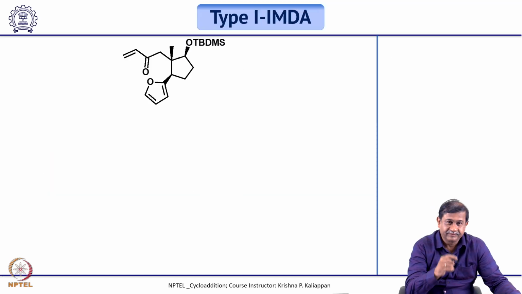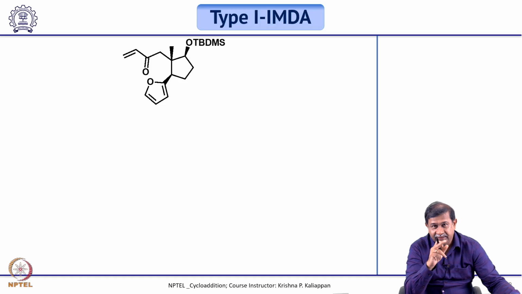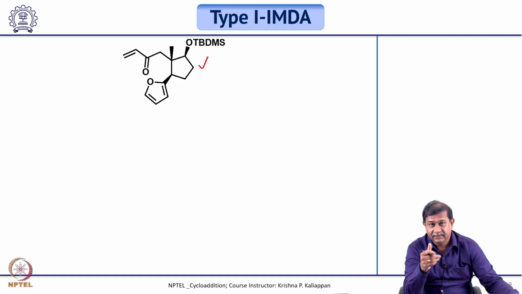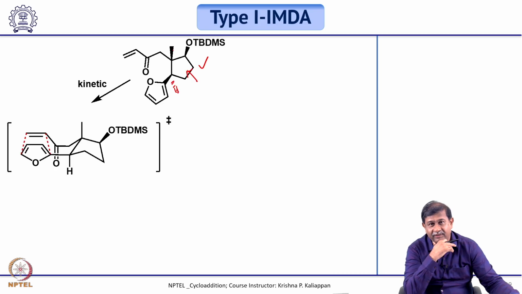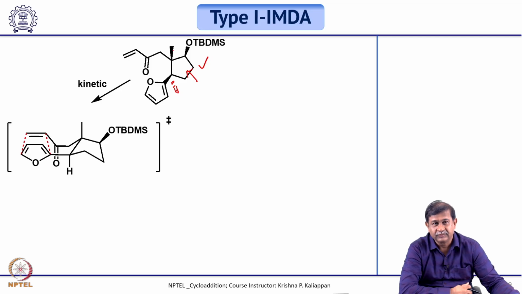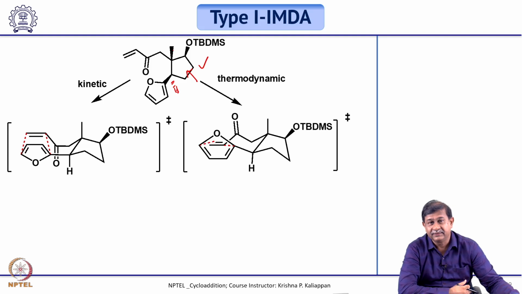So again, now the tether has a 5-membered ring. Like the previous example, now the tether has a 5-membered ring. If you do an intramolecular type 1 Diels-Alder reaction, then there are two possibilities. One, of course, is the endo process, another one is the exo process.